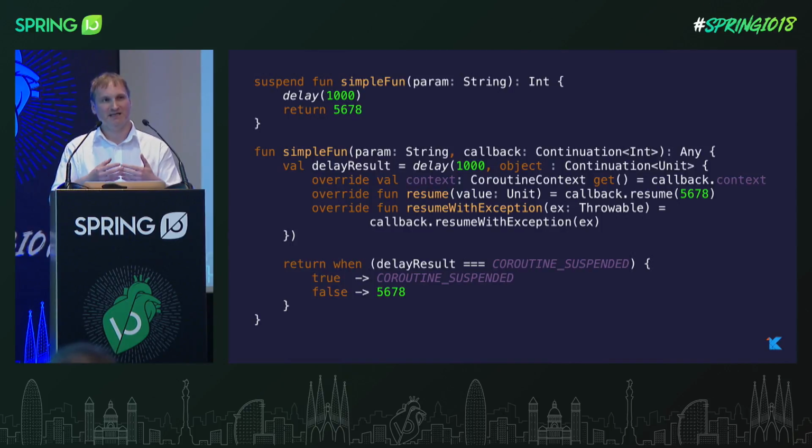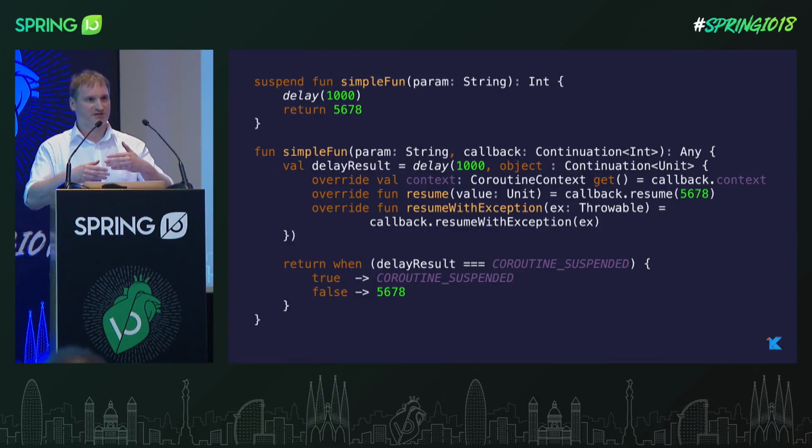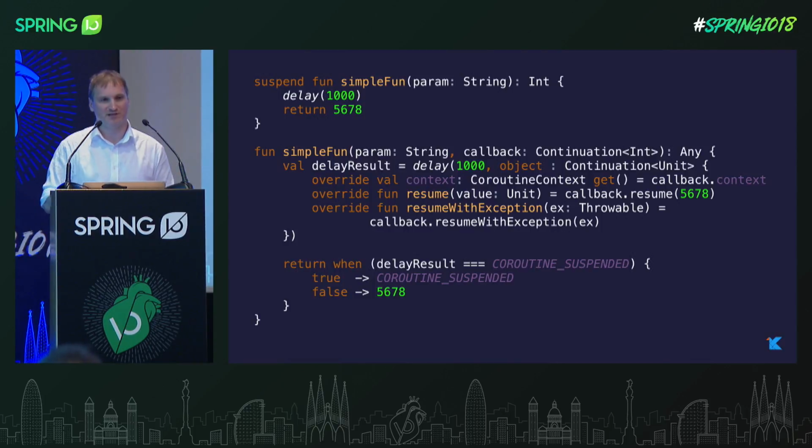By suspend, I don't mean that it will block the thread that executes this function. It's just that part of the function will be executed by some thread, then the execution will be suspended, and when the suspension resumes, the execution of the suspending function will resume on possibly some other thread.